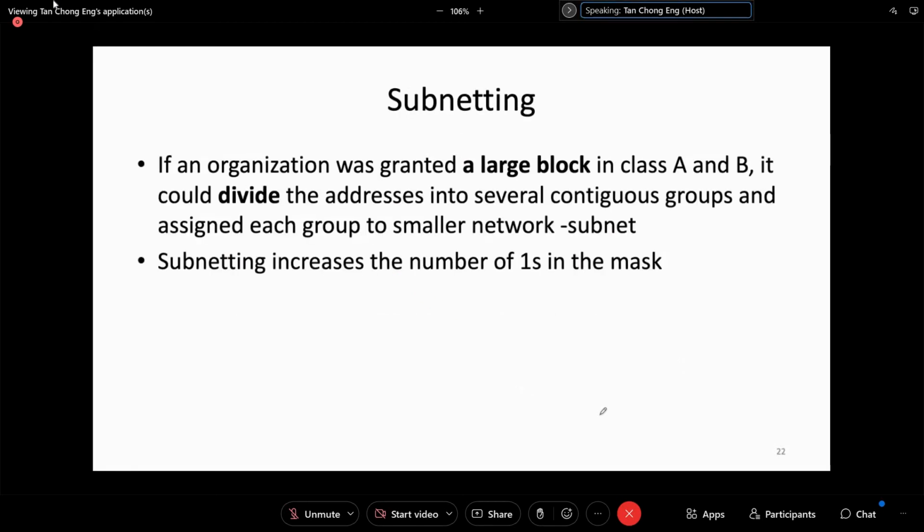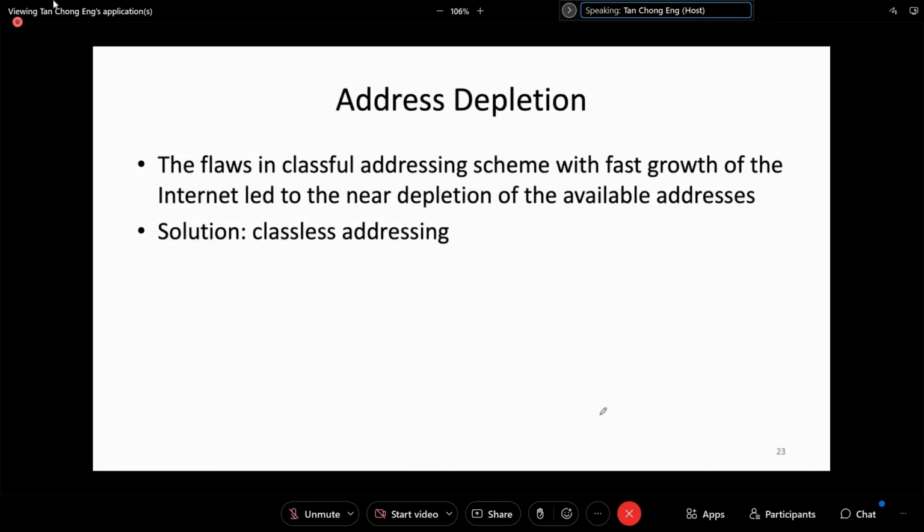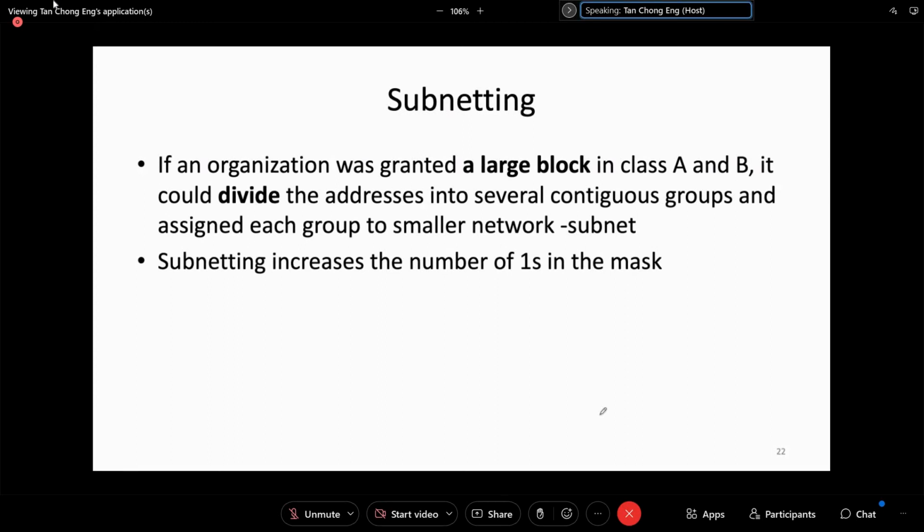So subnetting allows us to be very flexible, playing around with the net ID and the host ID. Net ID means the number of networks that you can have. If you have a larger net ID, you can have more networks. That's why Class C has got the most networks, but each network can only have 254 hosts.